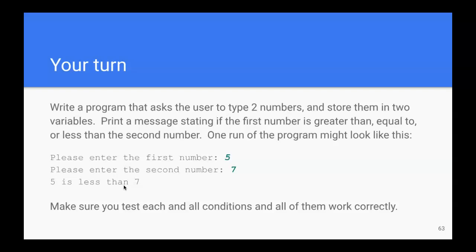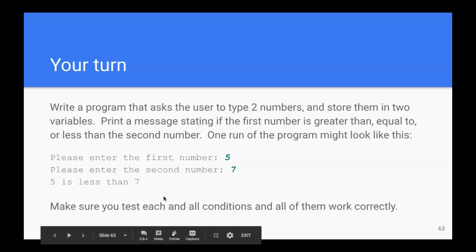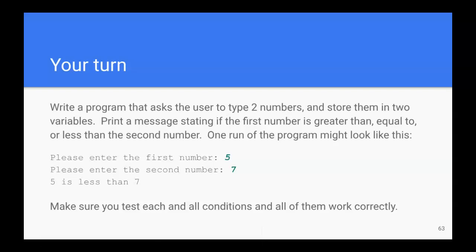Make sure whenever you write a conditional statement, you test each and every single condition and make sure all of them work correctly. It's not enough to just test one of the conditions and say, oh, if that one works, then everything else will work. It's not necessarily true. Test all your conditions.